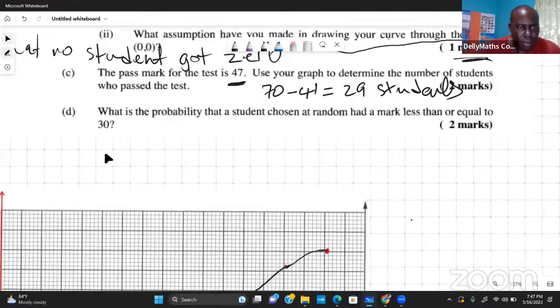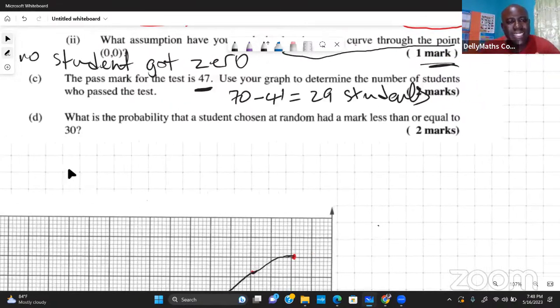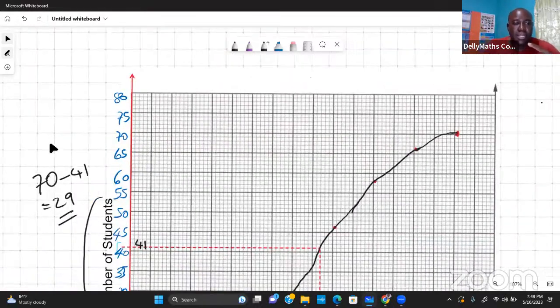So here's the next question now. What is the probability that a student chosen at random had a mark less than or equal to 30? Here is a nice idea. Less than or equal to 30, right? What is the probability that a student would have a mark less than or equal to 30? I am going to find 30 marks.